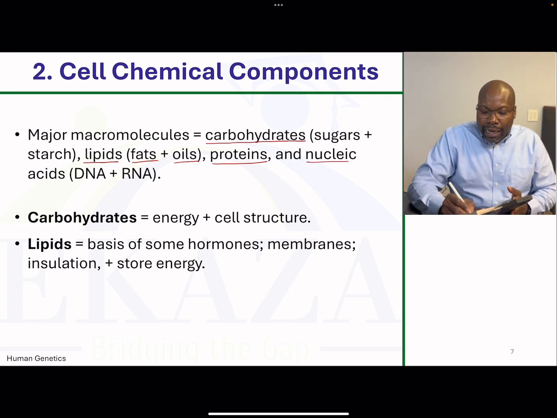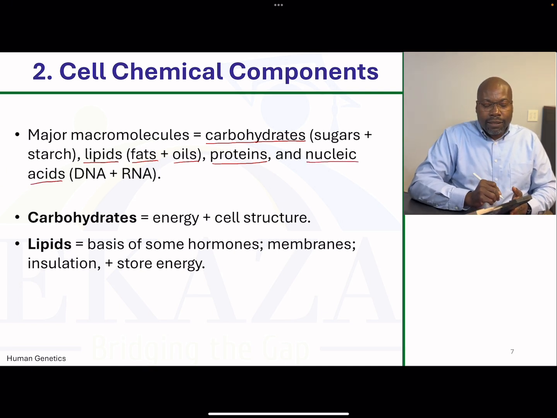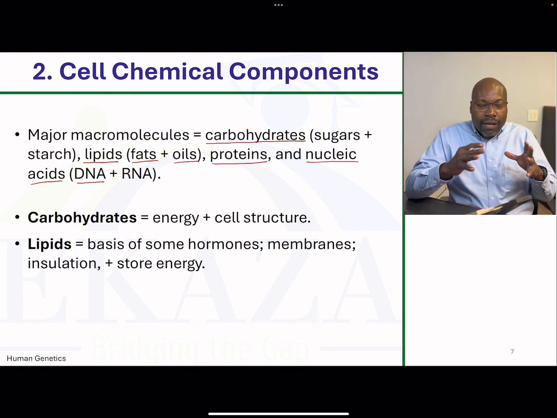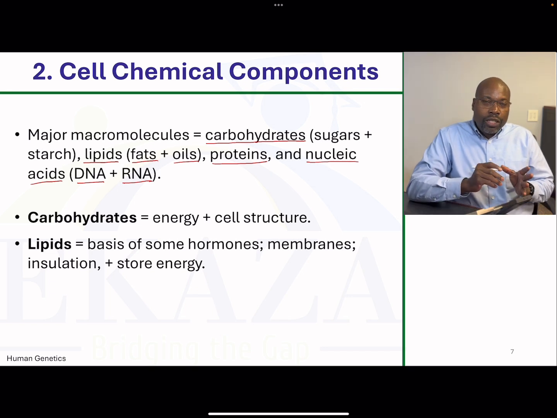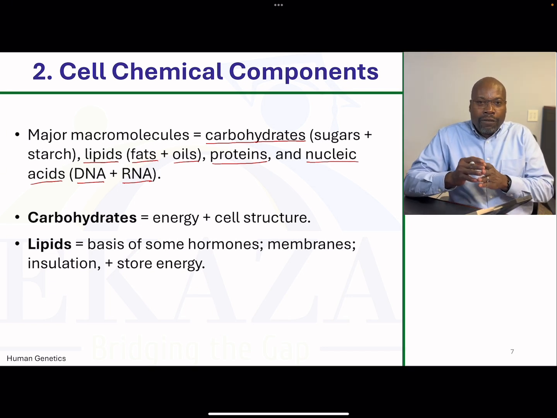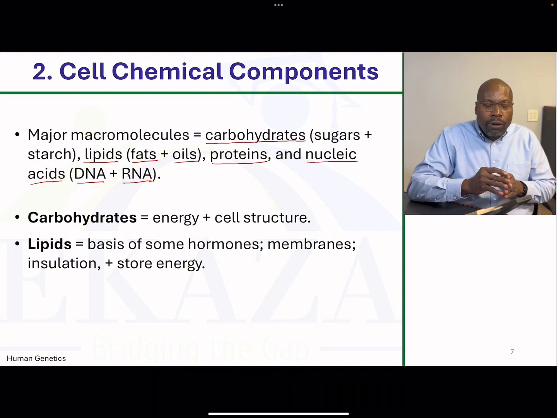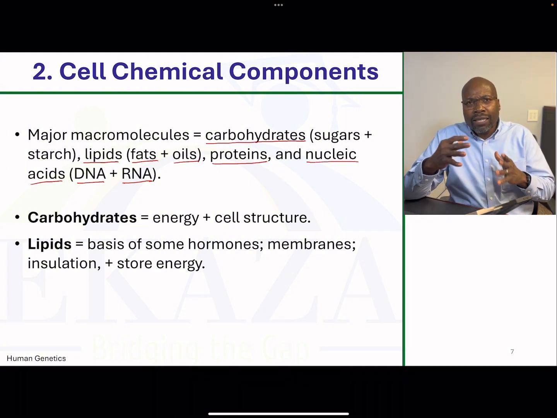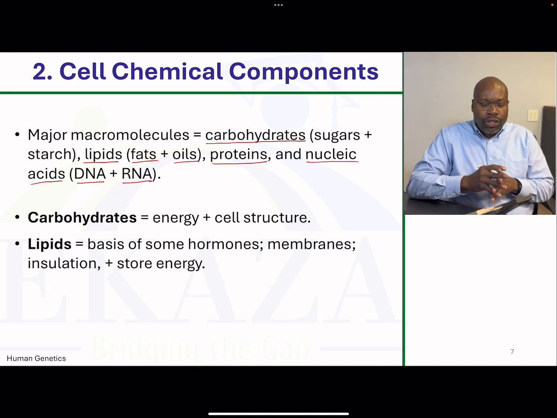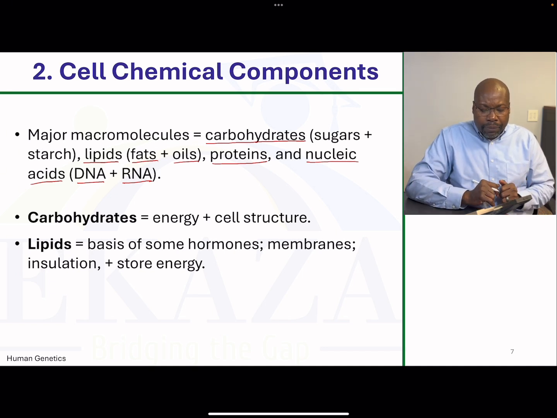Then we have nucleic acids. The nucleic acids include DNA, which is the molecule that contains the genetic information, and RNA, which is the molecule that is going to contain a version of the information that is compatible with the existence of proteins. We are going to address this when we look at gene expression, right?